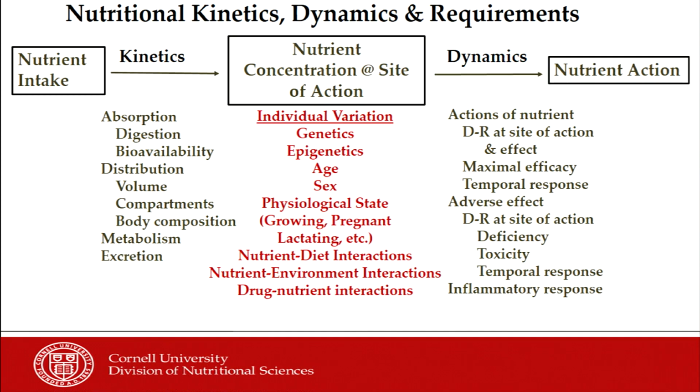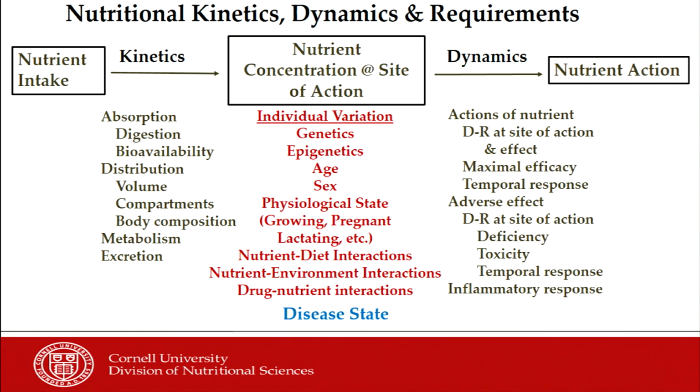Sex, and the physiological state, whether the individual is growing, pregnant, lactating, or in other physiological states. Nutrient-diet interactions, including bioactive components, nutrient-environmental interactions, and drug-nutrient interactions can all influence this process in a generally healthy population. And that brings us to the important factor for today's discussion, which is disease state.